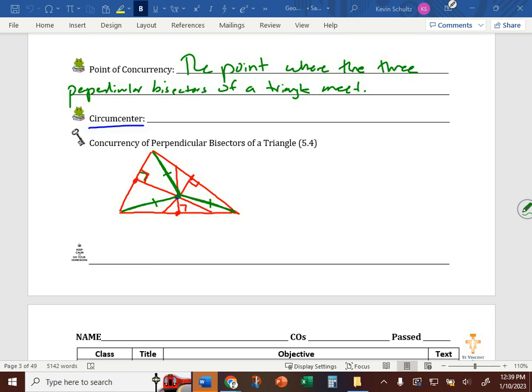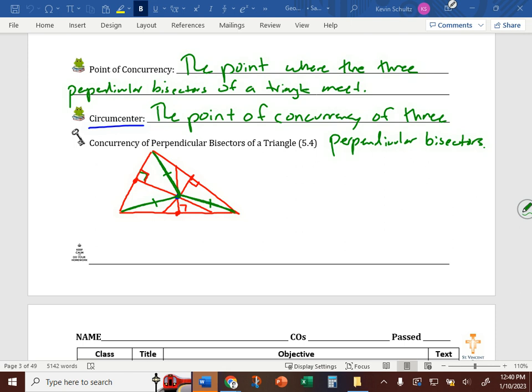Again, it's an eyeball thing. We're all the same. That's good.